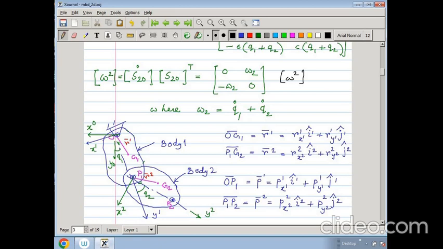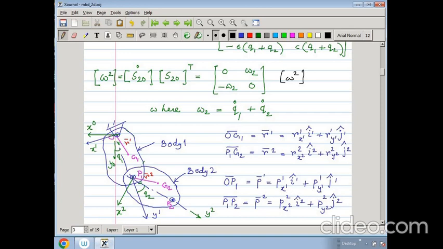O2, center of mass R1, and you can express R1 along x1 y1. So this is R1x1 I1 plus R1y1 J1. Similarly for R2, and these two hinges, OP1, these two pins, a hinge is also some sort of a pin. So OP1 is this, and P1P2 is this. Here we have all taken components with the body-fixed references.